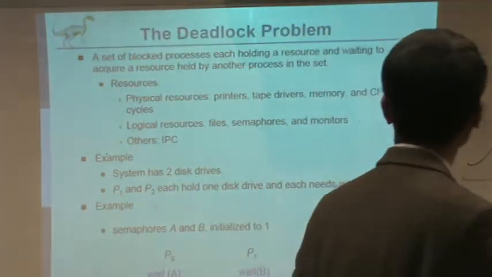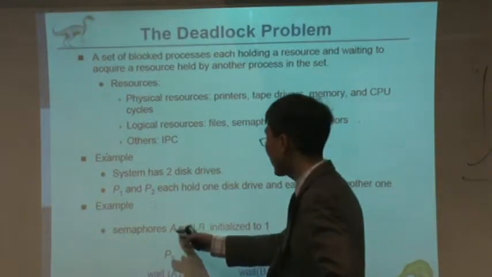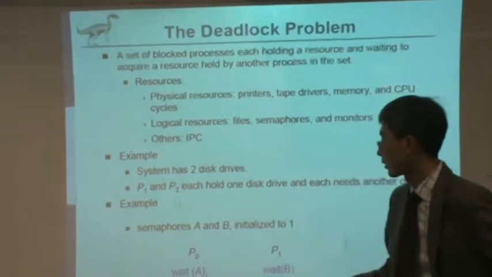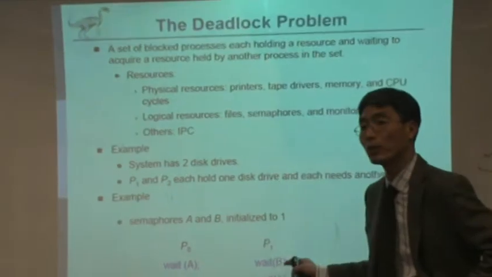It's the same thing in the deadlock problem. Since we have multiple processes trying to share resources, for example in the case of semaphores, we talked about process 0 holding A, and process 1 holding B using the wait operation.